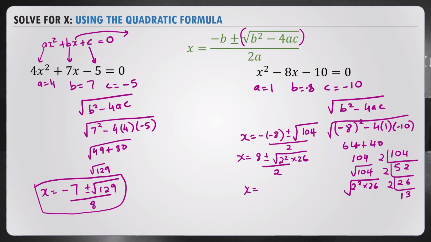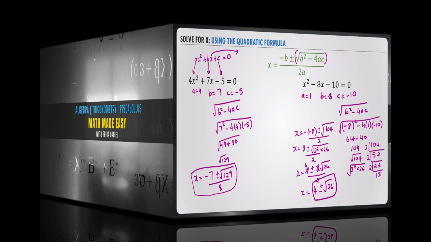X will now be equal to, the 2 comes out, 8 plus or minus 2 root 26 over 2. Now we can see 2 is common, it cancels here 4 times and here 1 time, and we have x is equal to 4 plus or minus root 26, and that's your solution.